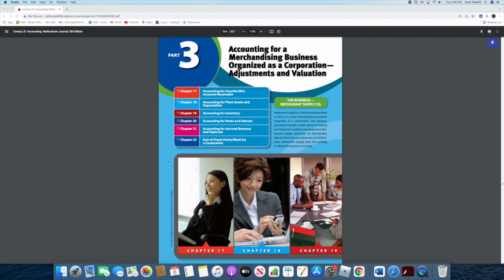Each one of these pictures gives you an overview of what the chapters will look like. So this is chapter 17. This is chapter 18. This is chapter 19.